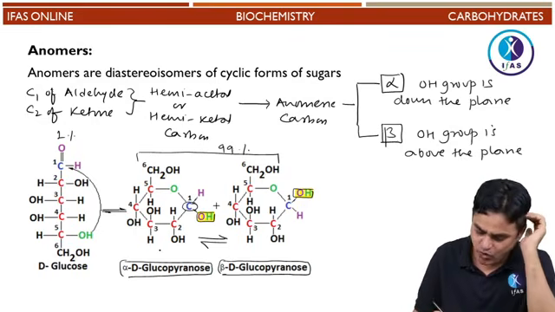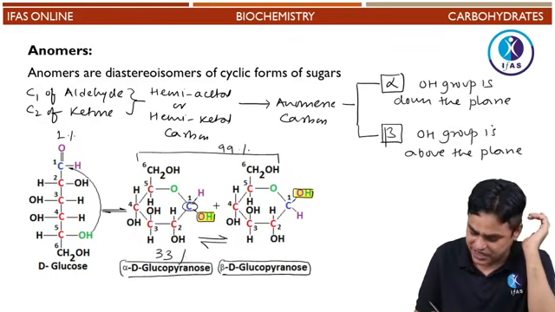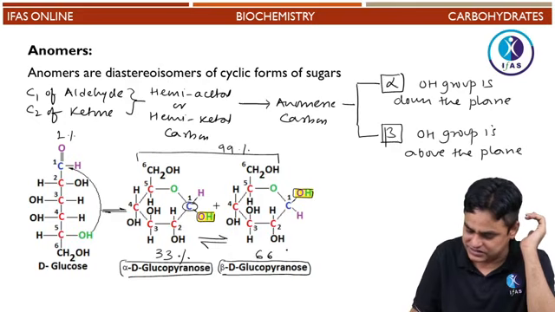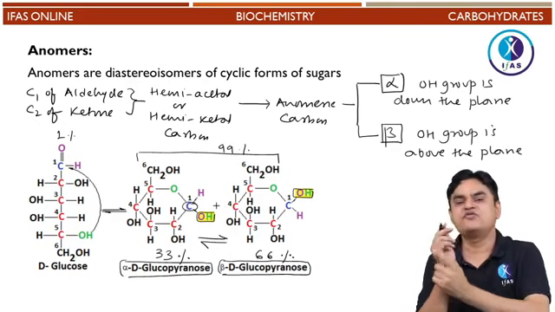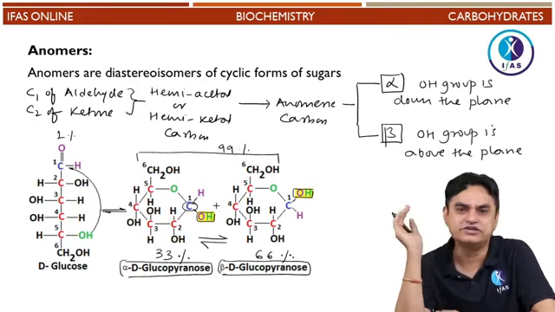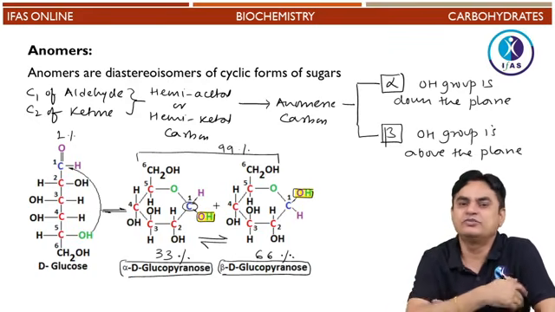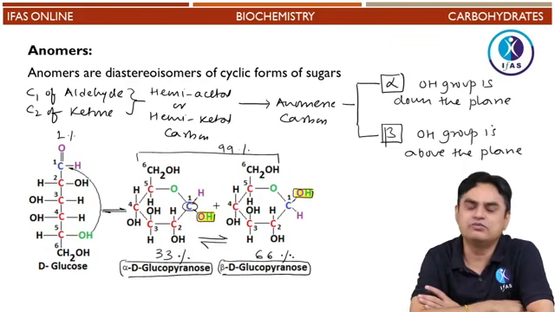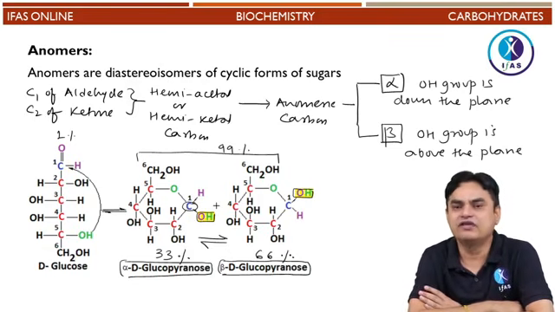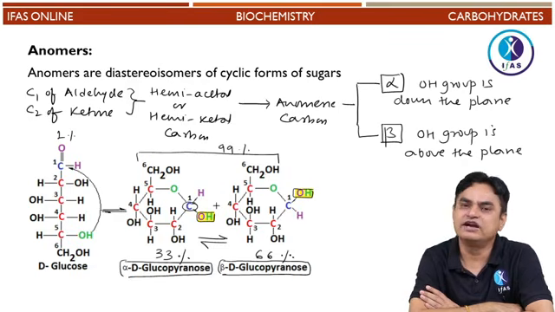What you'll find is that approximately only 33% is alpha D-glucose and 66% is there in the form of beta D-glucose. That is almost in a ratio of 1:2. The probable reason is beta anomeric form is thermodynamically more stable as compared to alpha D-glucose form. Are you getting this? Okay.